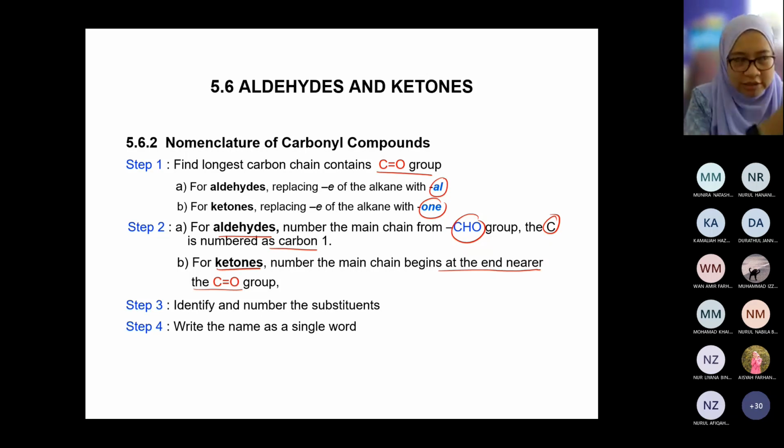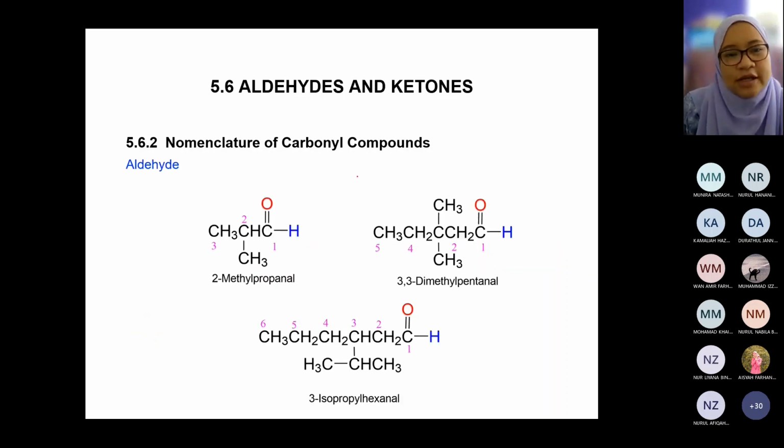So you kena consider, tengok dia punya chain dia tu nak kena start daripada this end ataupun that end. Yang mana yang produce the least number ataupun the lowest number for the ketone, for the carbon yang having the carbonyl tadi. Okay, and then macam biasa, identify and number the substituent and then write the name as a single word.